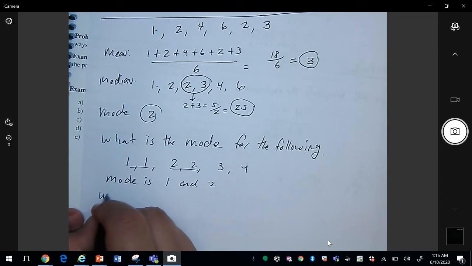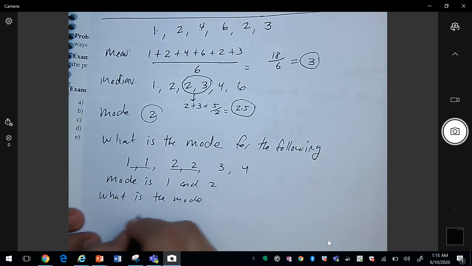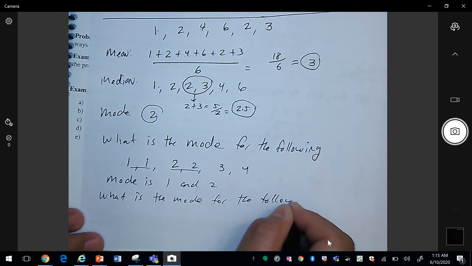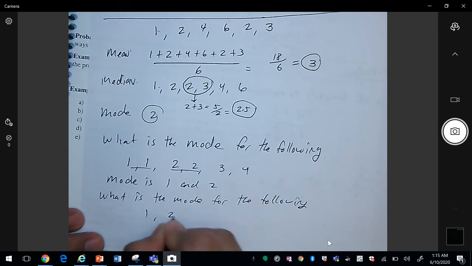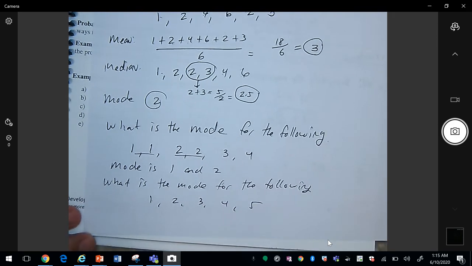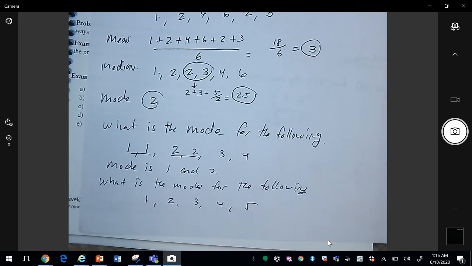What about, what is the mode for the following? In some textbooks, they would say that there's no mode, but in others, they say that the mode is all of them since they all appear one time. Either of those two answers would be correct.